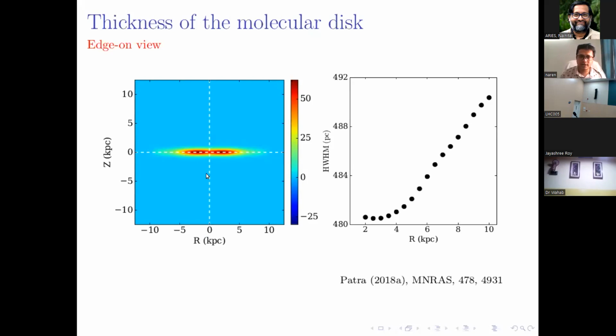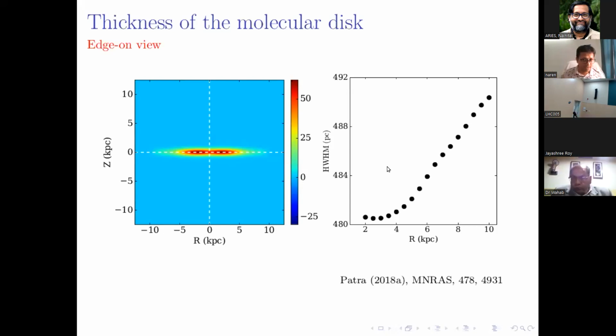We have found a very interesting result: if you incline it to 90 degrees, the scale height at half width at half maximum is around 500 parsec. And with a half width at half maximum of 500 parsec, it can easily produce a gas disk which is 1 to 1.5 kiloparsec thick.